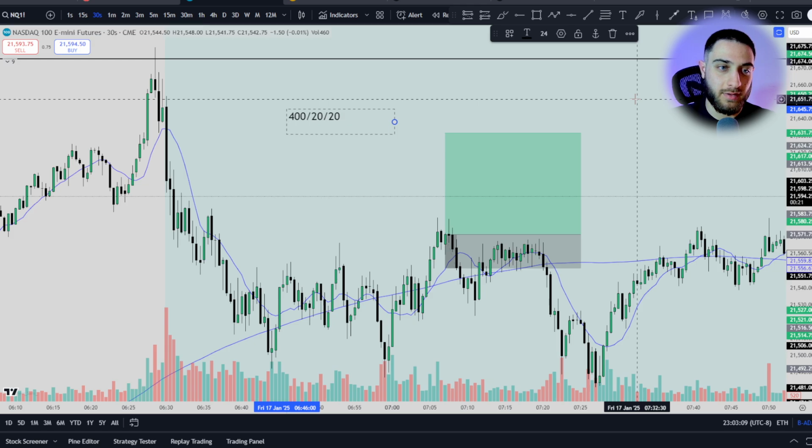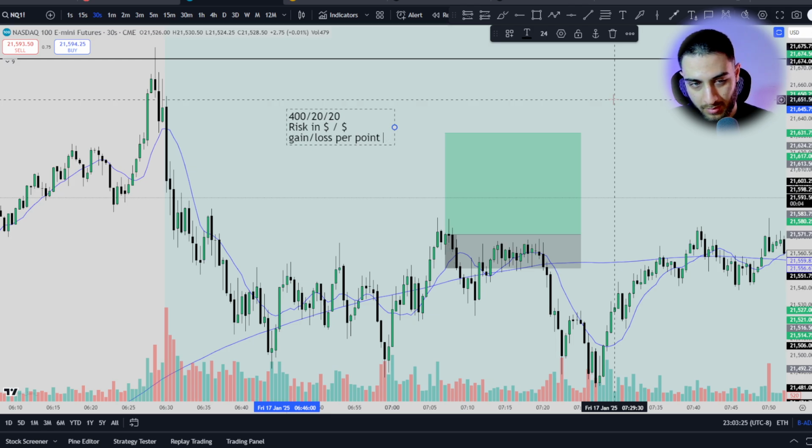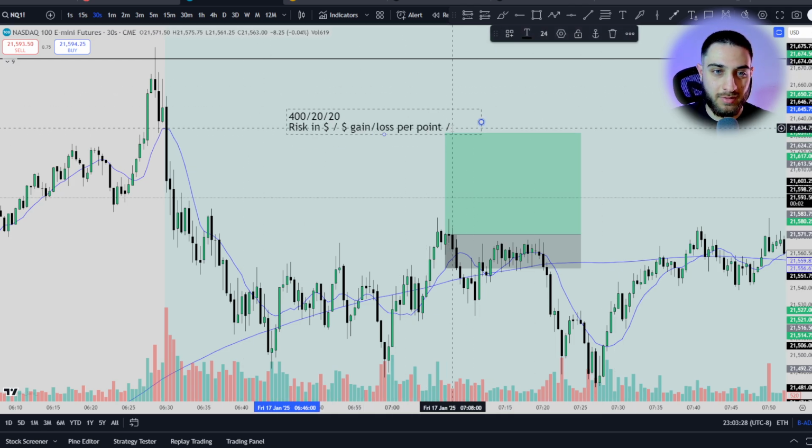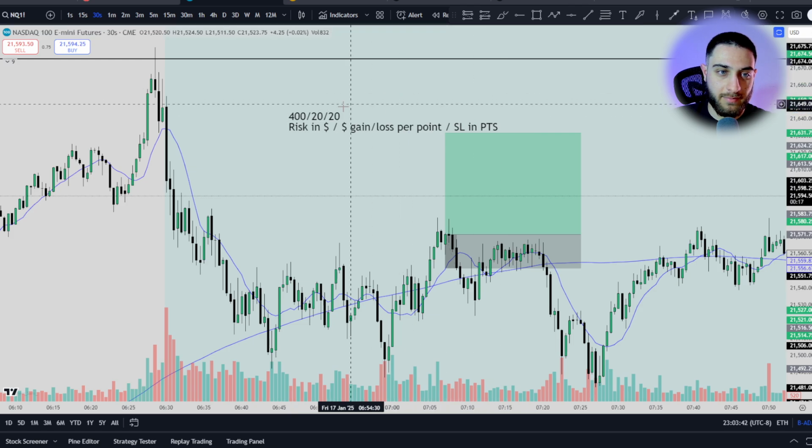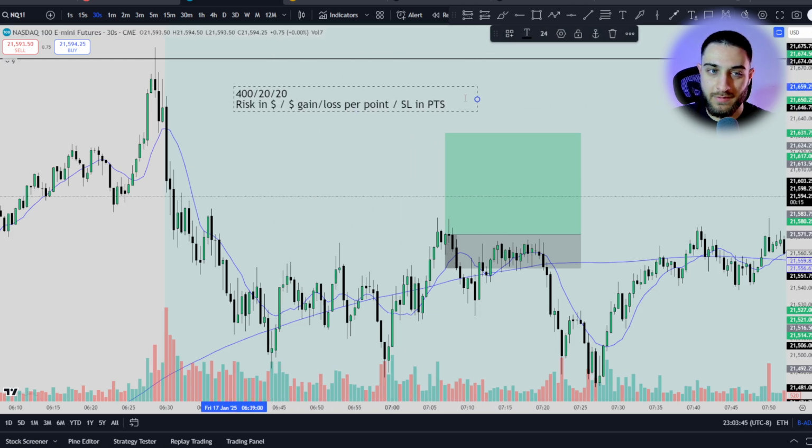This is a formula for it: risk in dollars, divided by dollar gain or loss per point, divided by stop loss in points. PTS just means points. Honestly, I wish it was a separate division symbol. This is the formula if you want to find your own position size.